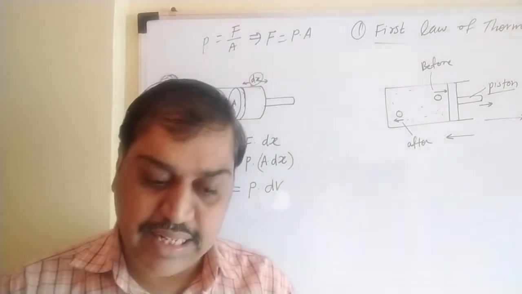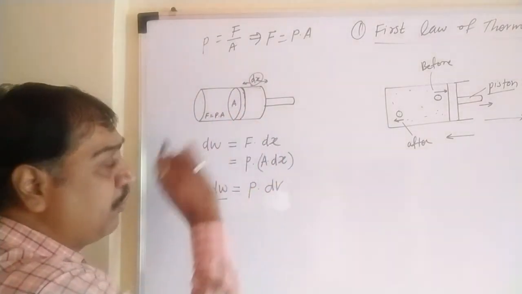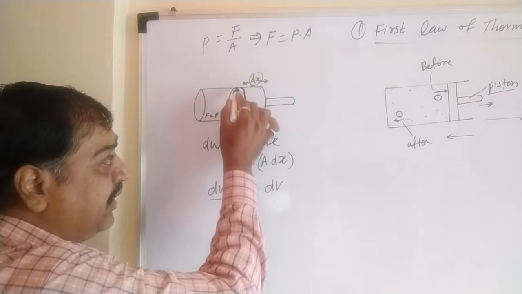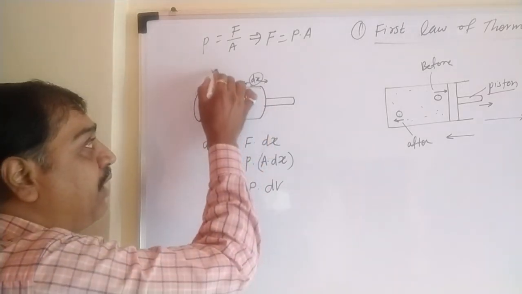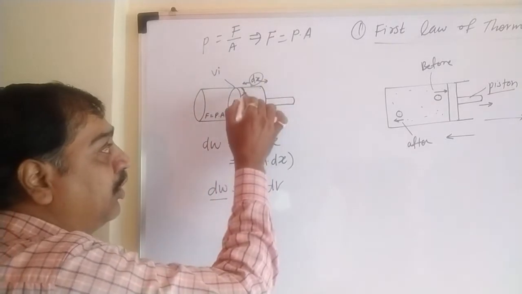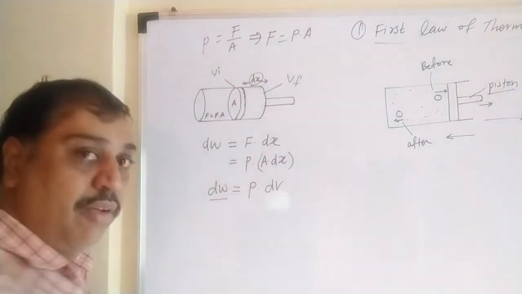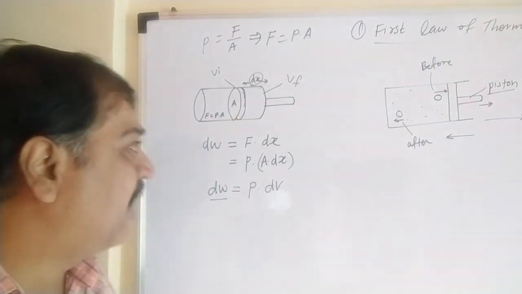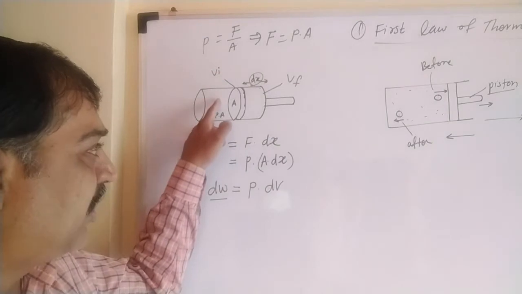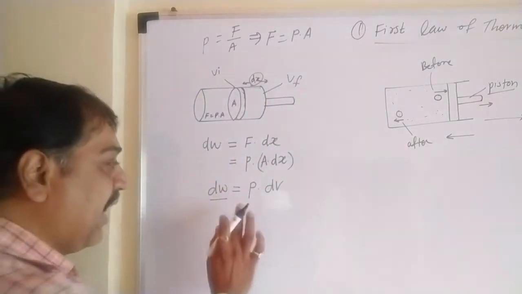Now let us consider one parameter. Let us suppose the initial volume, initially with the piston here, is Vi, and after expansion, when this piston comes here, the volume is Vf. So the total work done required to change the volume of the system from Vi to Vf can be found by integrating this equation.